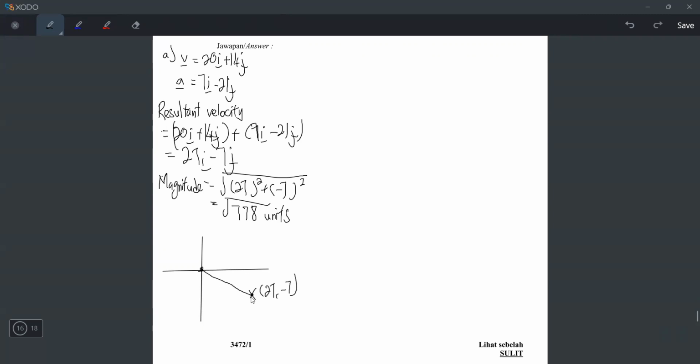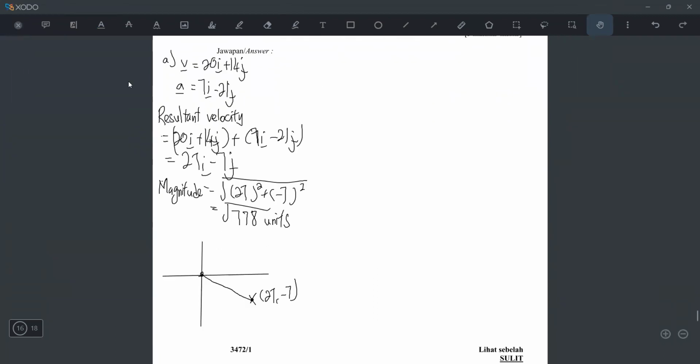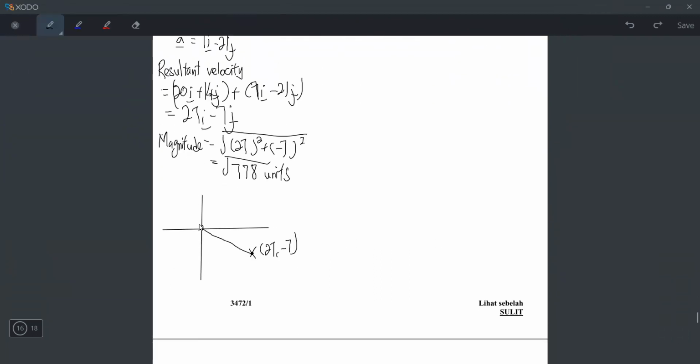And there will be a line like this. When they ask you to find the angle, what they are actually asking for is the directional angle, the angle from here until here. Because angle is always measured from this line, and it goes up like this.